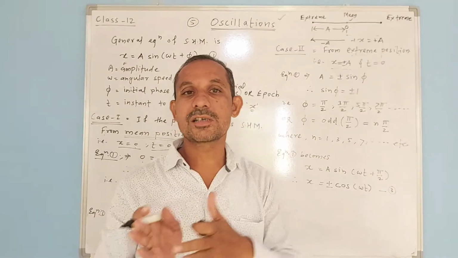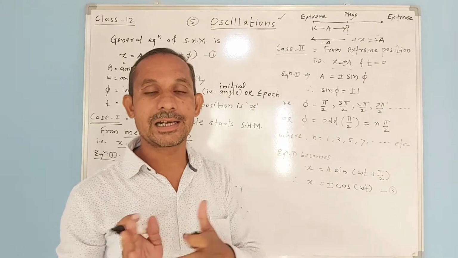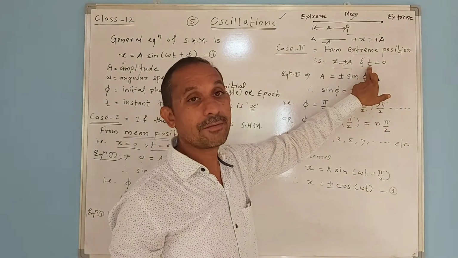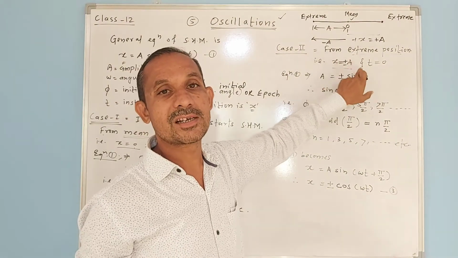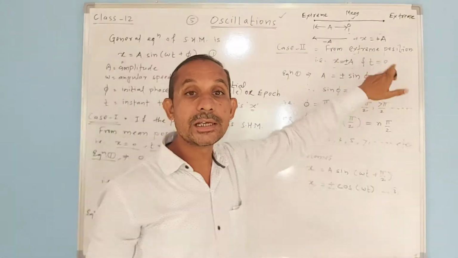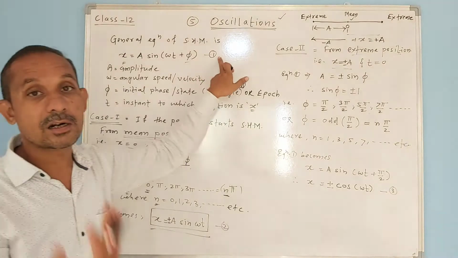Simple harmonic motion is starting from the extreme position, means at extreme position time will be 0. So place these values, x is equal to plus minus a and time is equal to 0, in equation 1, which is the general equation.